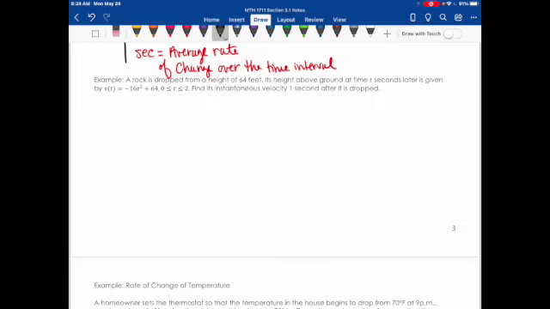And the question is asking us to find the instantaneous velocity at 1 second after it's dropped. So the instantaneous velocity means we need to find the derivative of the position function at t equals 1 second. So we're trying to find this.